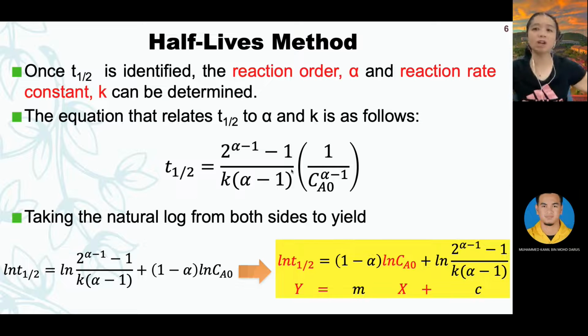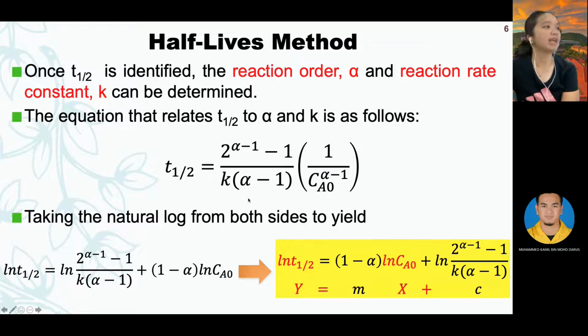When you do natural logarithm on both sides, eventually you will get on your left hand side ln t half. Okay, so this is a bit of mathematics lah. How it becomes the linearized equation tak penting. Maksud saya bukan tak penting lah. Maksudnya yang penting macam mana kita nak gunakan equation yang linear itu.